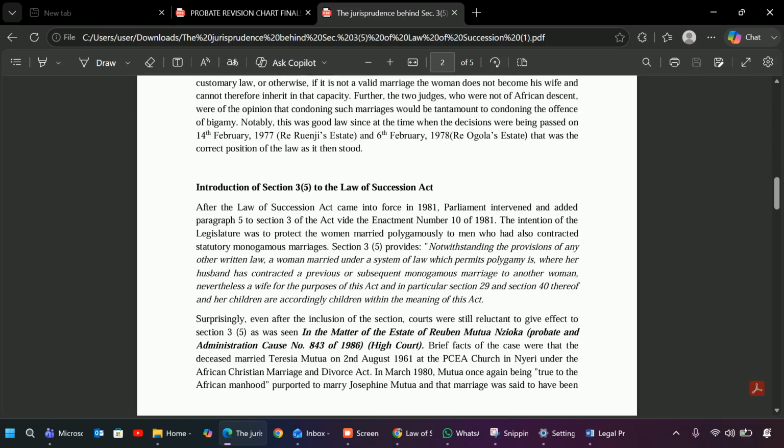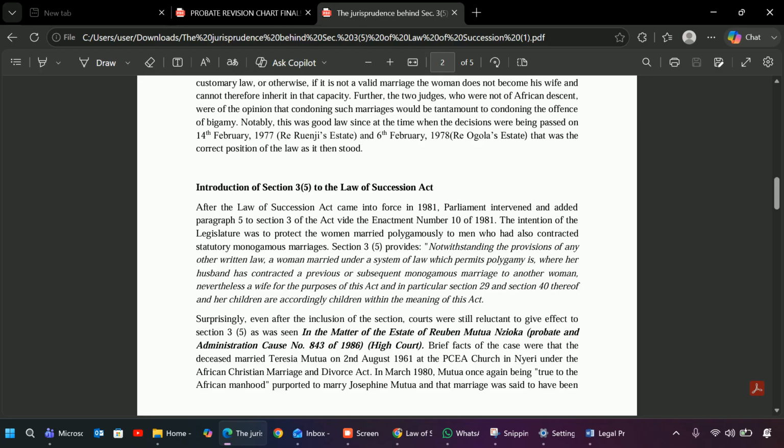Then you have the introduction of Section 35 of the Law of Succession Act. After the Law of Succession Act came into force in 1981, Parliament intervened and added paragraph 5 to Section 3 of the Act via Enactment number 10 of 1981. The intention of the legislature was to protect women married polygamously to men who had also contracted statutory monogamous marriages.